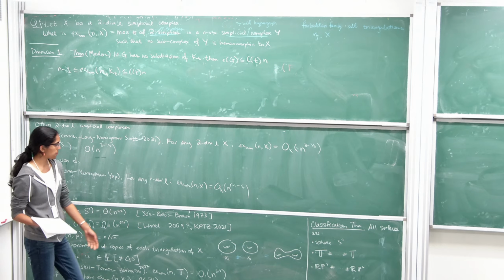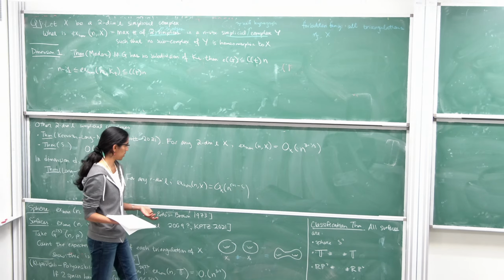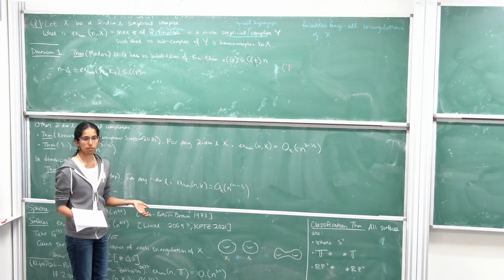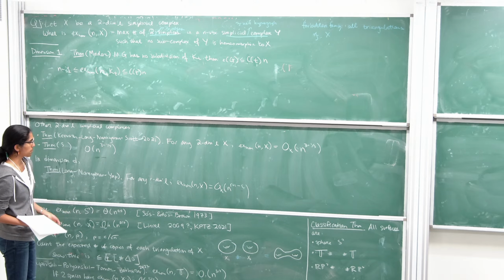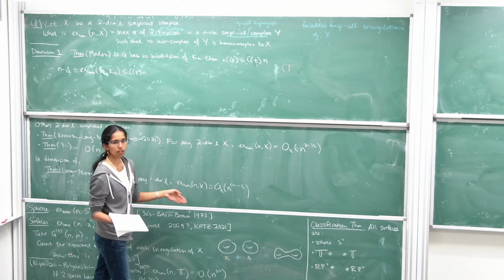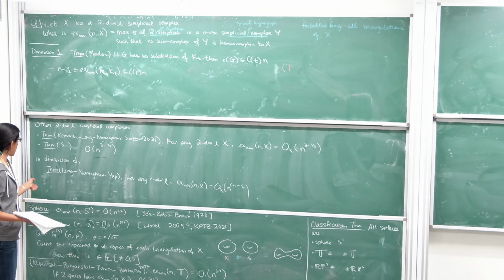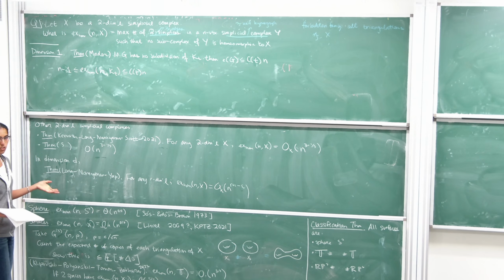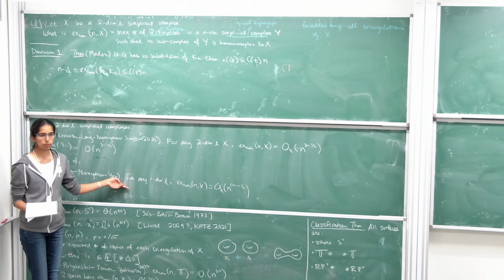That epsilon r depends only on r. It doesn't depend on the space X. So it's an analog of this result, except the dependency of epsilon r on r is a lot worse. And this also relies on looking at a degenerate Turán problem for r plus 1 uniform hypergraphs.